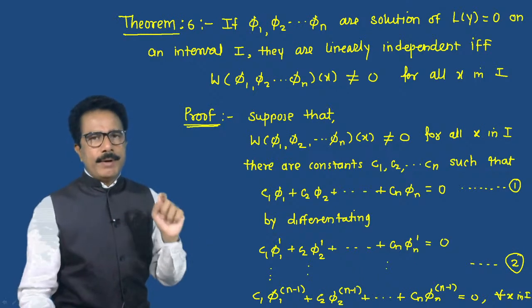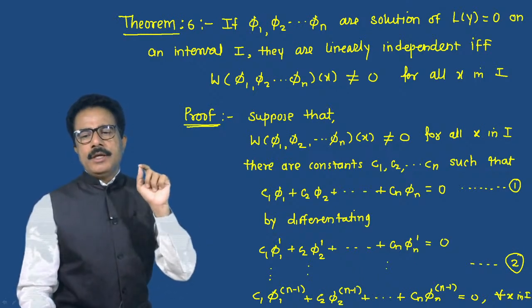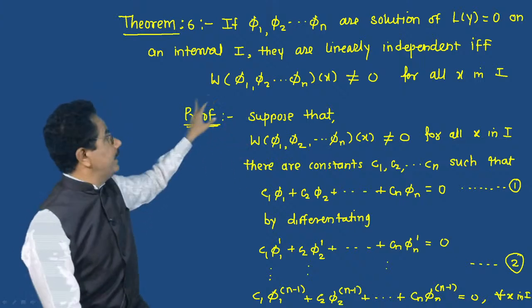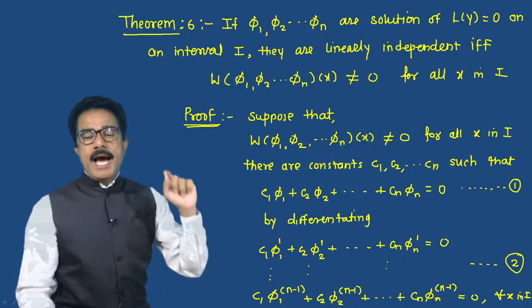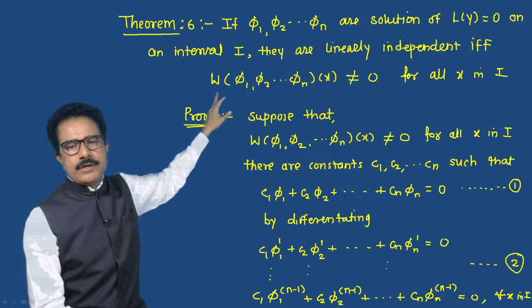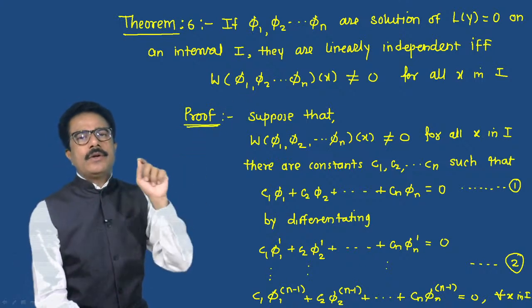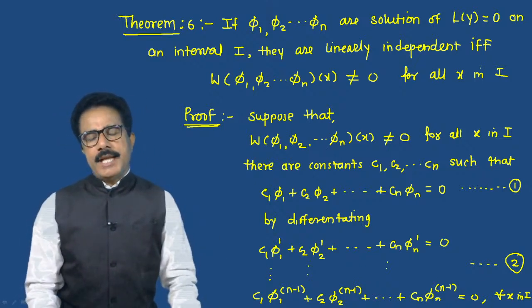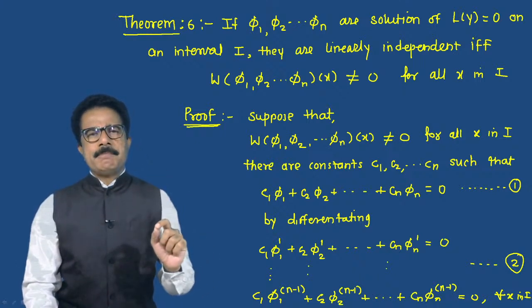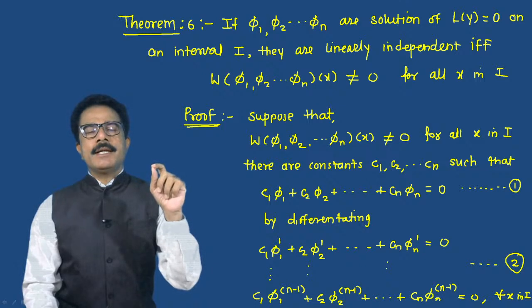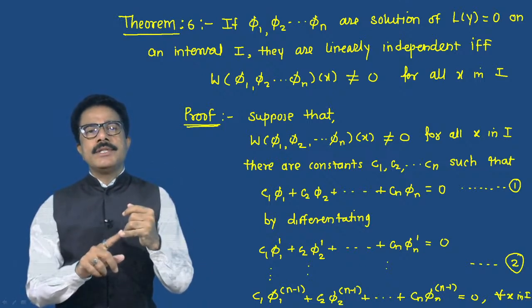If phi1, phi2, phi3, ..., phin are solutions of L(y) = 0, that means the homogeneous differential equation on an interval I, they are linearly independent if and only if their Wronskian W(phi1, phi2, ..., phin)(x) is not equal to 0 for all x in I. See this, the same theorem we have proved in unit number 1, in the chapter on linear homogeneous differential equations of order n having constant coefficients.